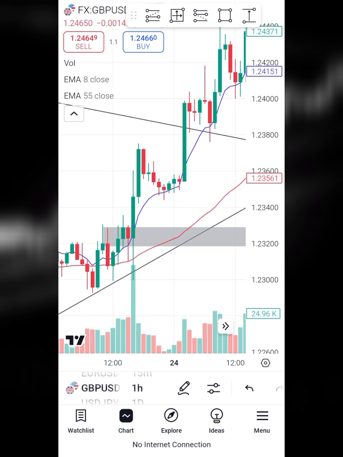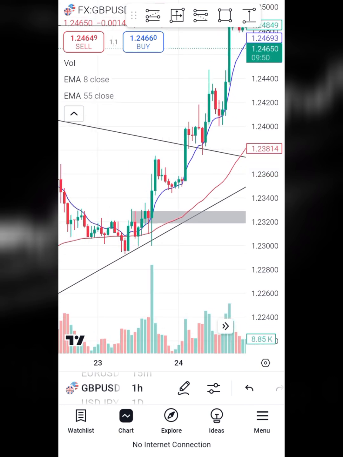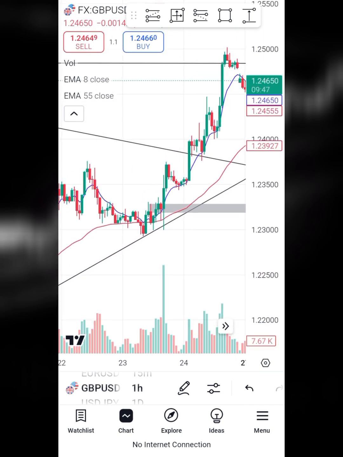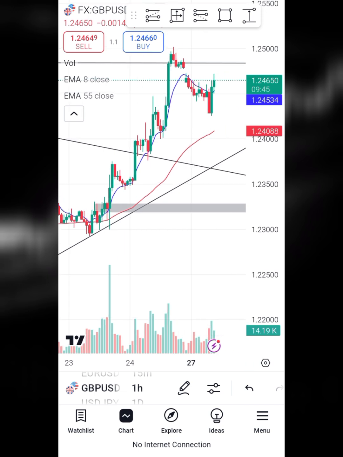If I zoom in right here, you're going to notice that the market actually went way up and then broke through this other line that I placed up here, and it's now coming down.